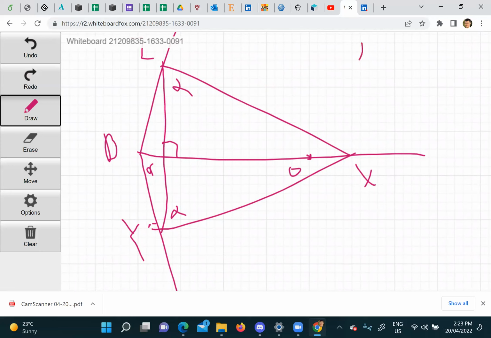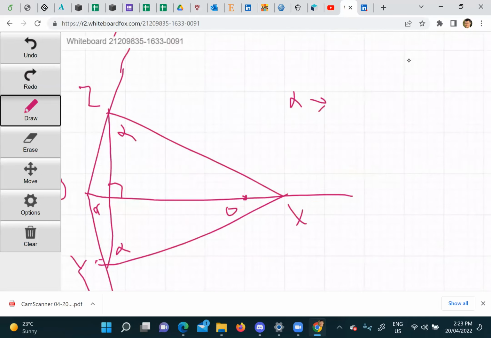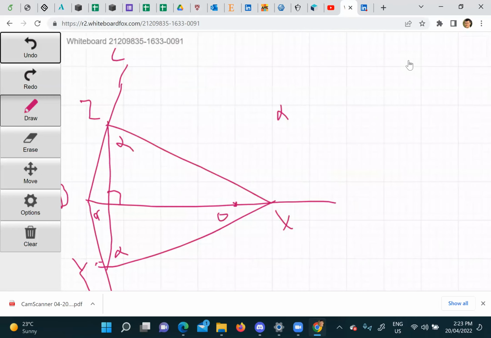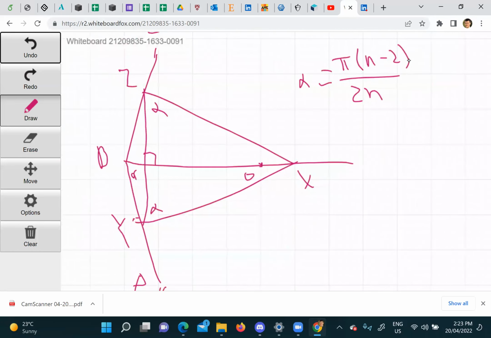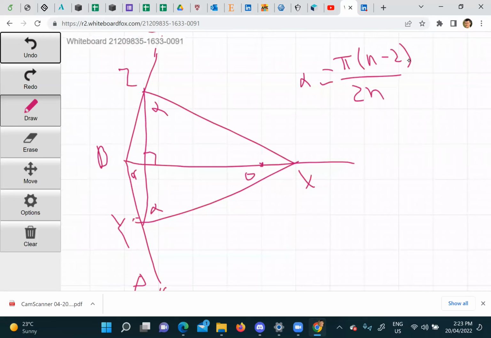Okay, we can express alpha in terms of n. Alpha is just pi times (n minus 2) on n, or 2n. So what is half YZ squared?